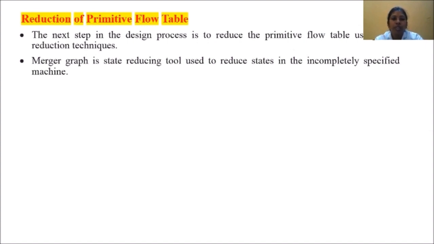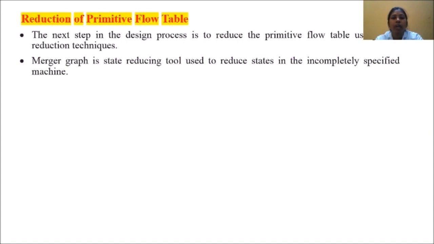So how is this merger graph defined? There are several cases. The first case is that it contains the same number of vertices as the state table contains states. Each compatible state pair is indicated by a line drawn between the two state vertices.